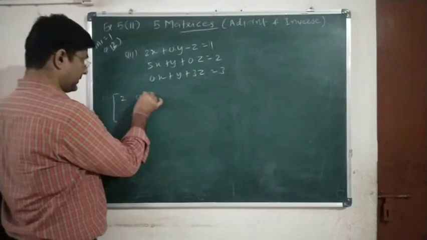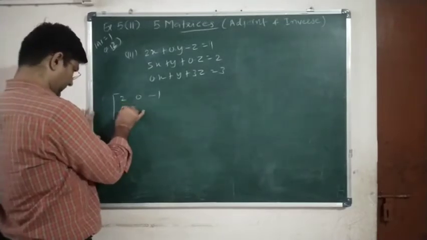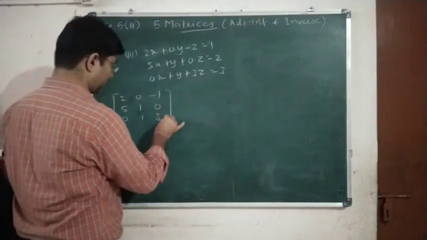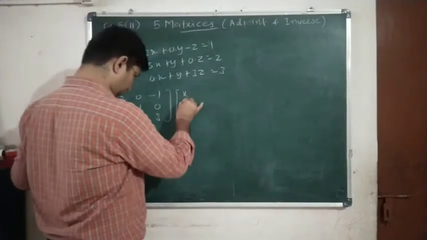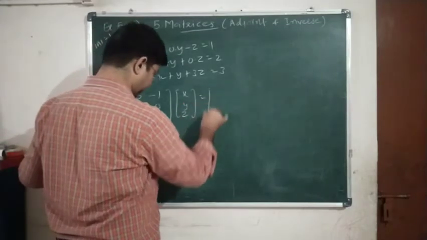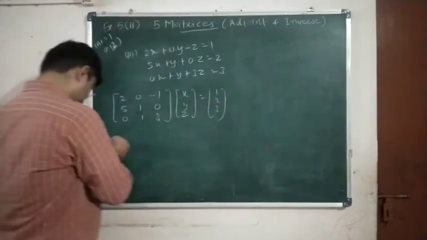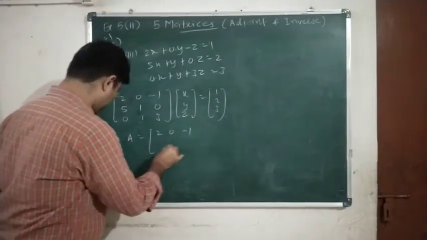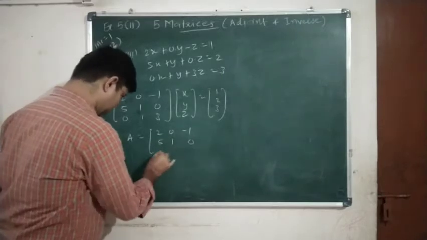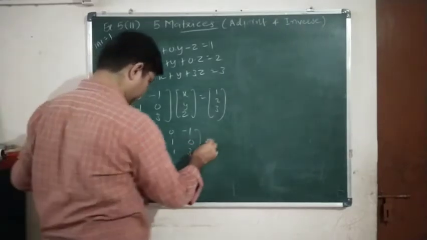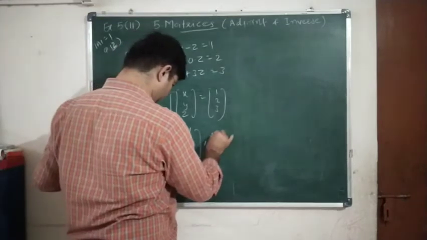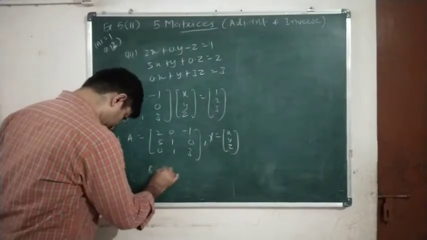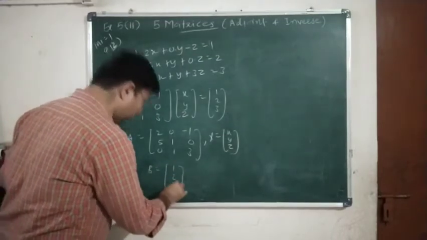So [2 0 minus 1; 5 1 0; 0 1 3] into [x y z] equals [1 2 3]. Let A is equal to [2 0 minus 1; 5 1 0; 0 1 3], X is equal to [x y z] and B is equal to [1 2 3].